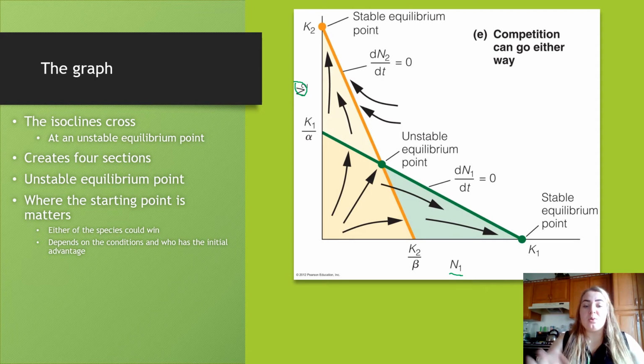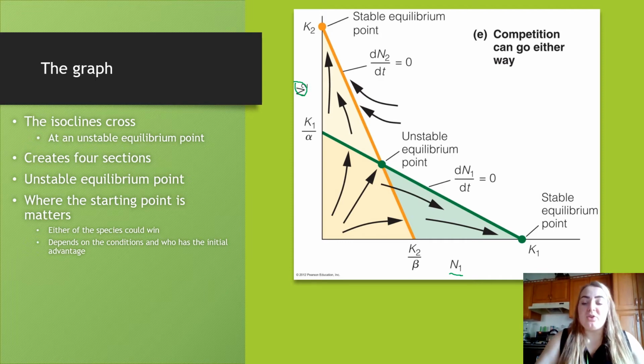So in these 4 sections, it really does matter where your starting point is. So this is the only outcome of the Lotka-Volterra equations where where you begin matters for how you end. In this, either species could win, but it will result in an extinction.